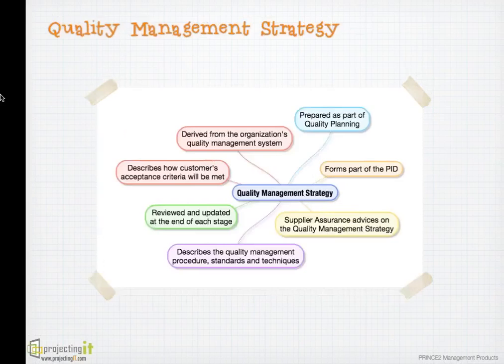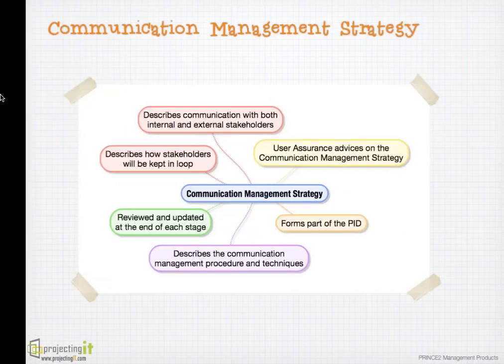Which techniques are we going to use for doing quality management? It also talks about where the quality activities will be tracked and monitored, and about the reporting to be done for project quality activities. It becomes part of the PID and is reviewed and possibly updated at the end of each stage.